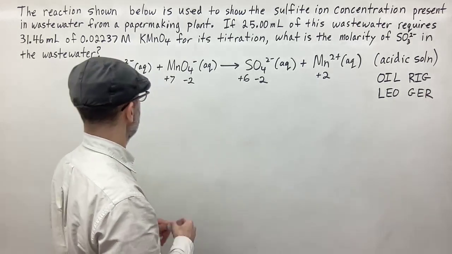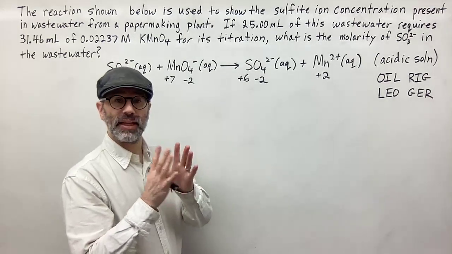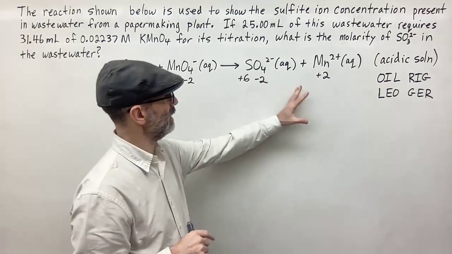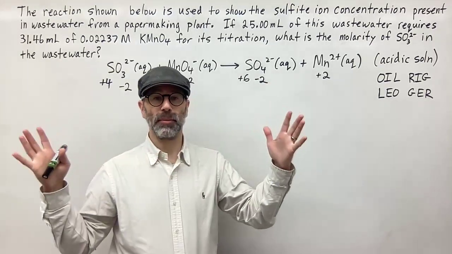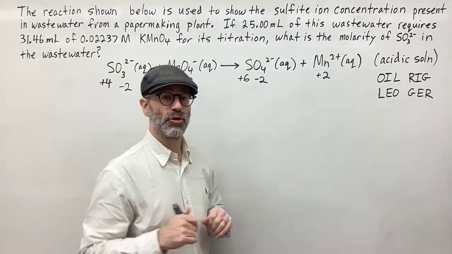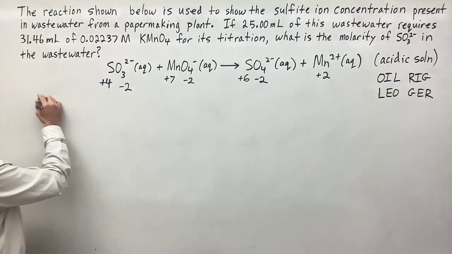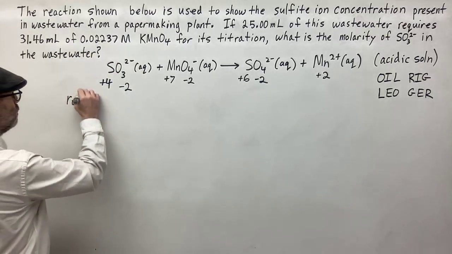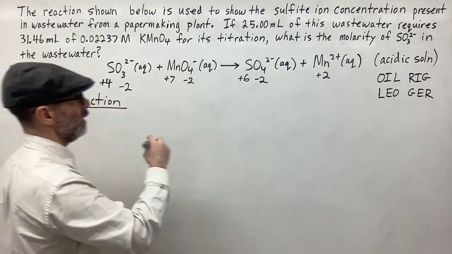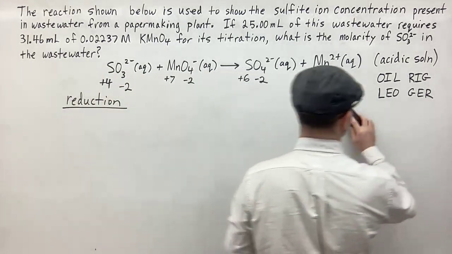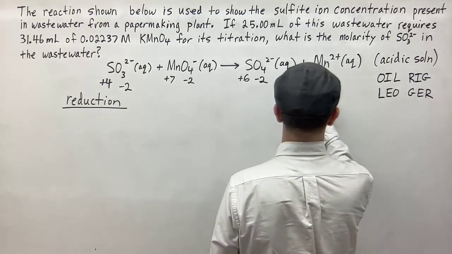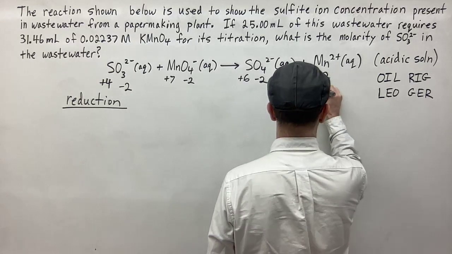Okay. So I'm going to split the oxidation and reduction into two half reactions. So I'm going to divide these and separate them from each other and deal with them separately. So I'm going to do reduction over here. And then over here, I will do oxidation.